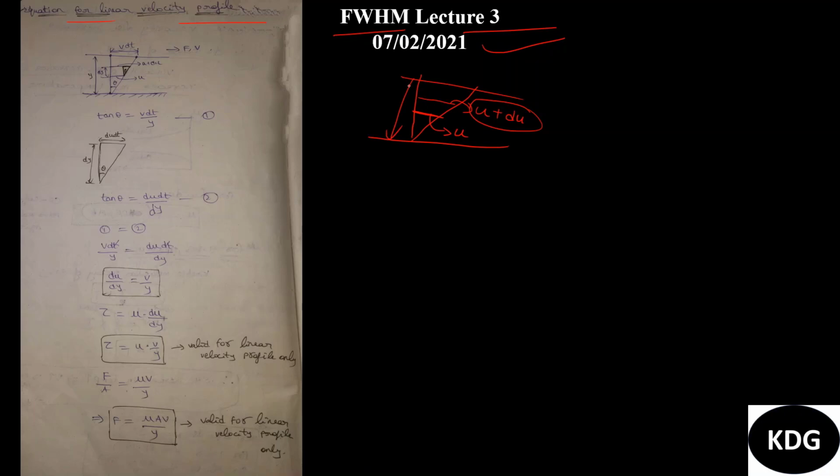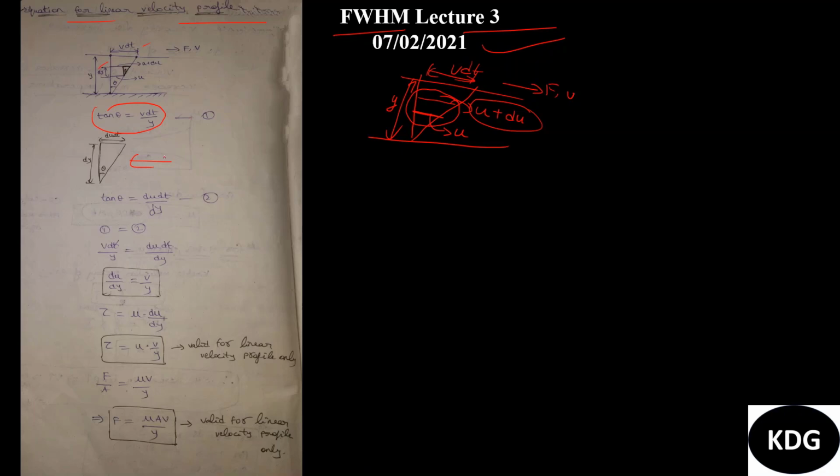So if it is considered for y length, here the velocity will be v dt. Consider a small particle in this velocity profile, shown like this. So tan theta is equal to opposite by adjacent.